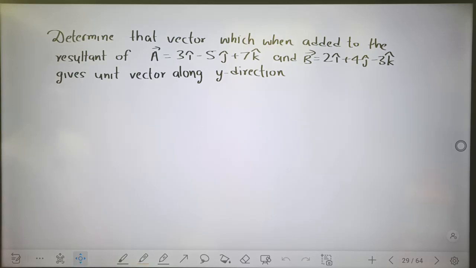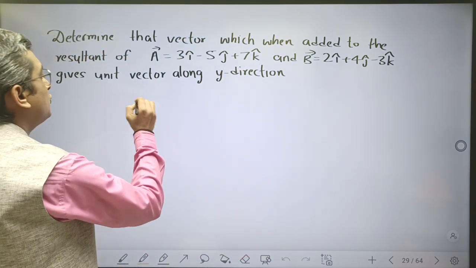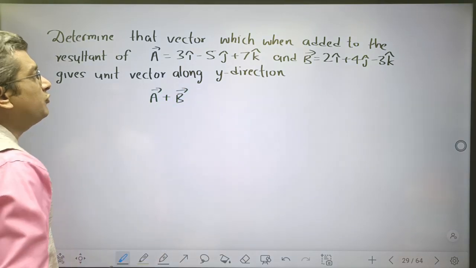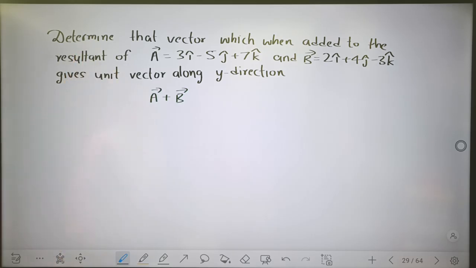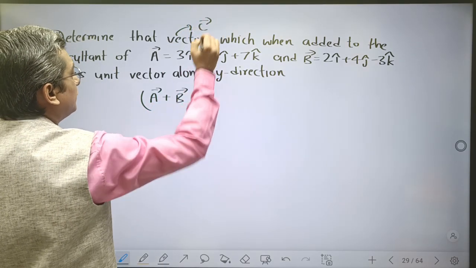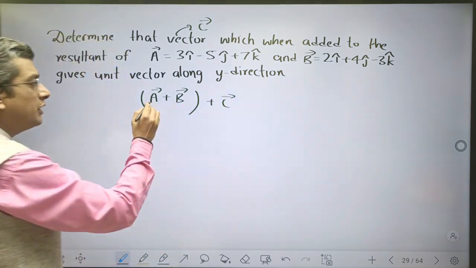Determine that vector which when added to the resultant of A and B. Now first of all we have to add A plus B. So we have to find that vector which, when added to the resultant, suppose I am taking that vector as C vector. So we have to add this C vector to the resultant of A vector and B vector.